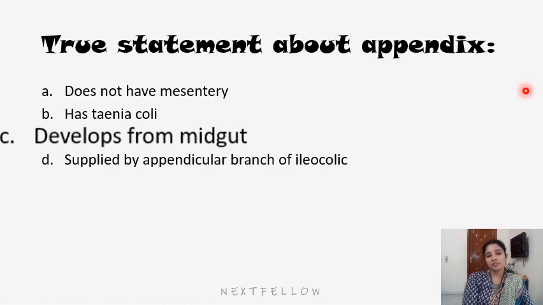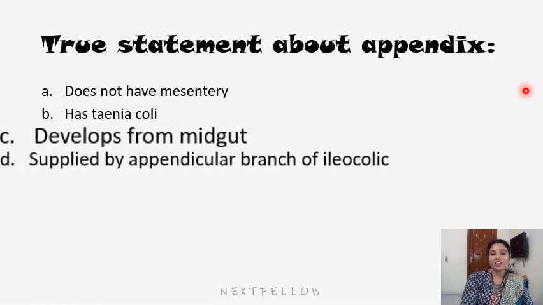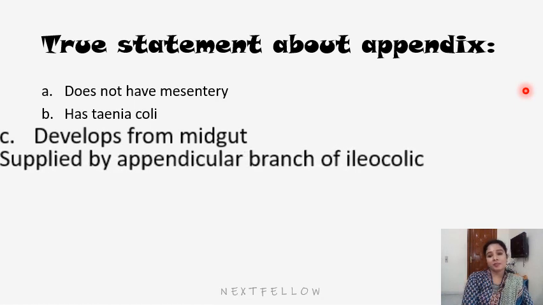So appendix is derived from the midgut. And the second right answer is, it is supplied by the appendicular branch of ileocolic, which is in turn a branch of superior mesenteric artery. And we know the tinea coli are absent, and it has a mesentery which is called mesoappendix. So these two are wrong statements and these two are true statements.